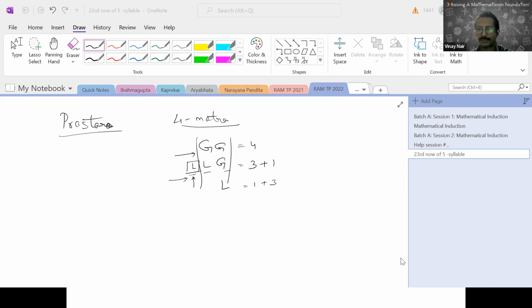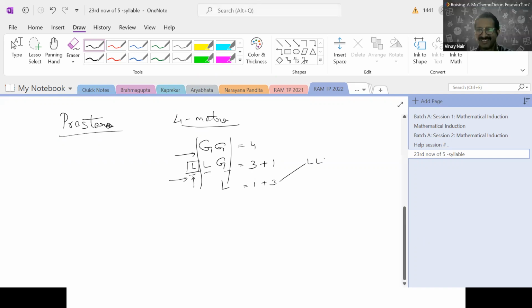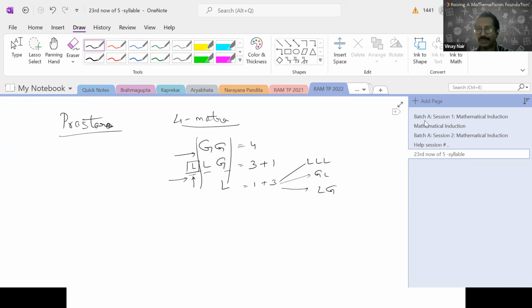Akshay. So now, what do you decide? Whether 3 laghus, or Guru Laghu, or Laghu Guru? Which one to choose?